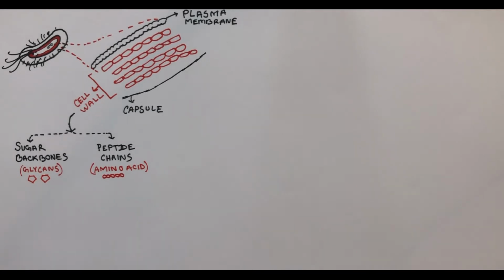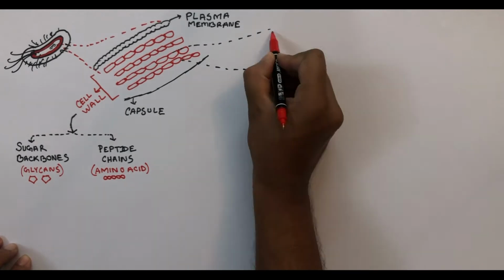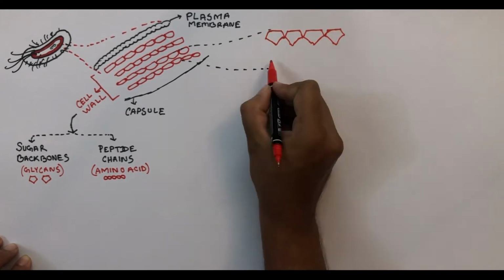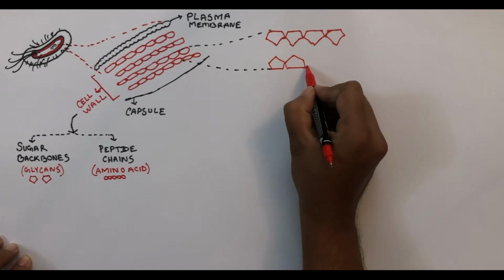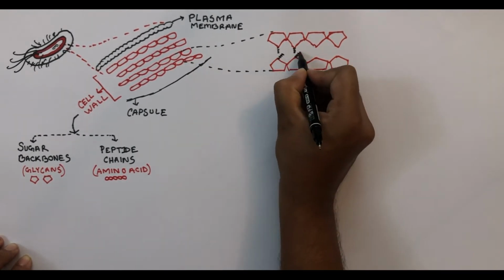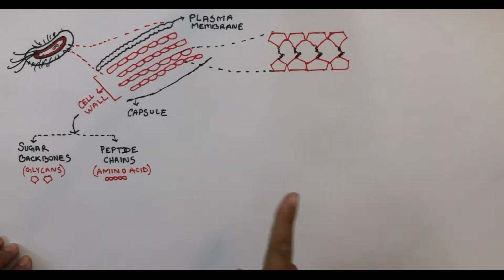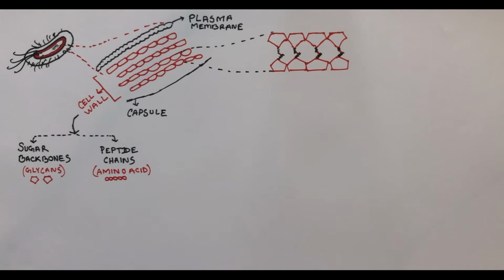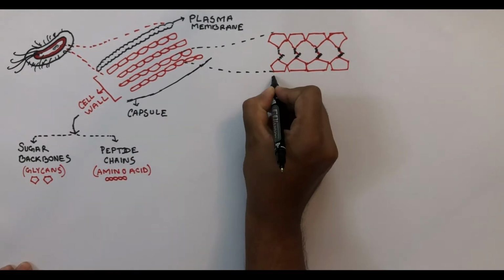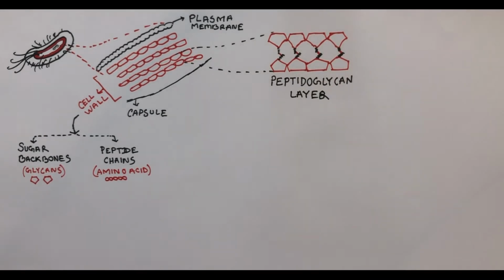If we magnify, we will see these glycans are attached with each other and form the sugar backbone, and the peptides on these glycans are cross-linked with each other. In this way, the whole molecule of peptidoglycan is cross-linked with each other around the bacterial cell membrane, and this macromolecular unit assembly is called the peptidoglycan layer.